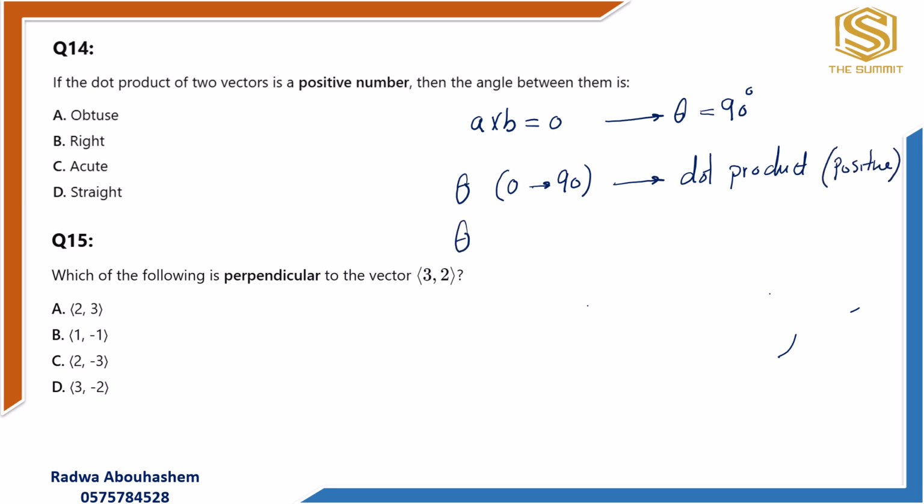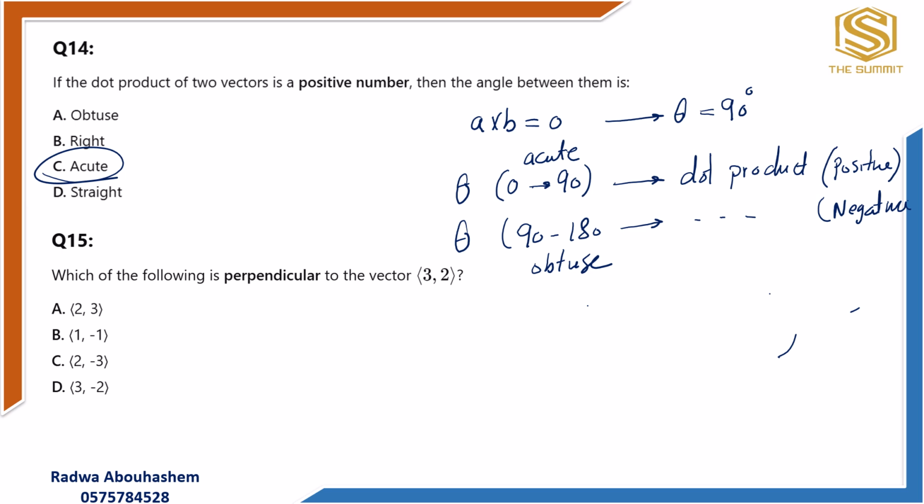And if theta is between 90 and 180, the dot product would be negative. From 0 to 90, it would be acute, and from 90 to 180, it would be obtuse. So if it's a positive number, this means it's an acute angle.